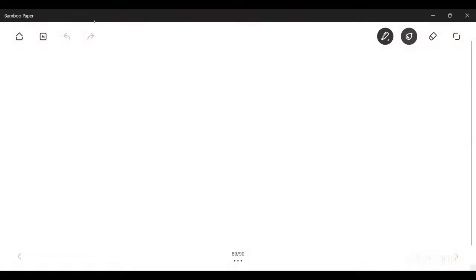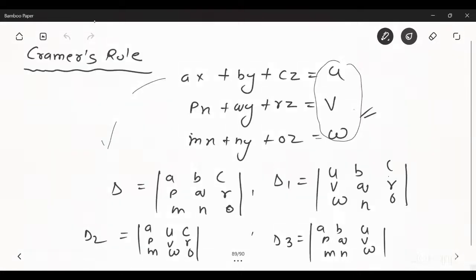Cramer's rule tells us that if equations come in the form ax plus by plus cz equal to u, px plus qy plus rz equal to v, and mx plus ny plus oz equal to w, then you can find delta, that means the determinant of the coefficients of x, y, z, the coefficients of all terms in LHS.